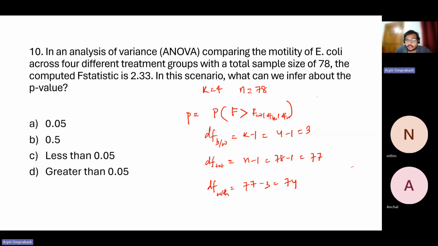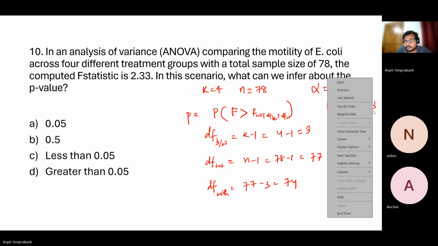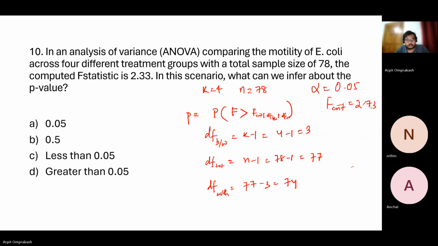At an alpha value of 0.05, F critical is 2.73. Right. So the calculated F statistic is 2.33.